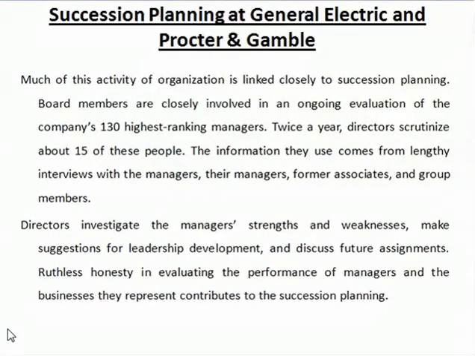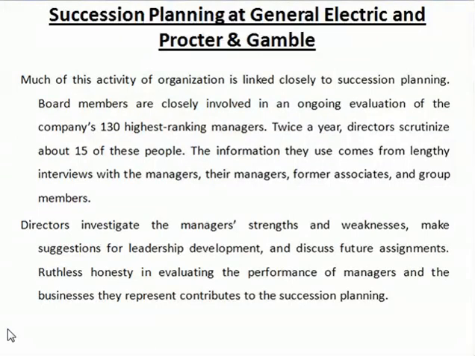Directors scrutinize around 15 of those people, referring to managers, some former associates and some group members. So directors are going to investigate this.